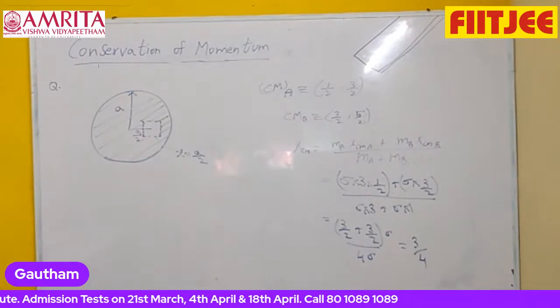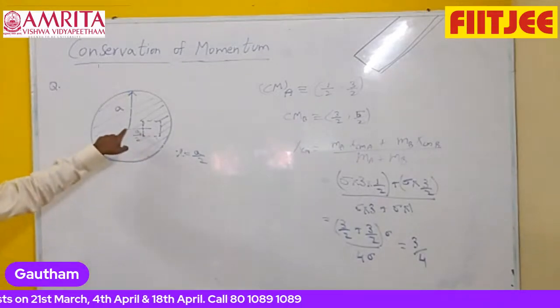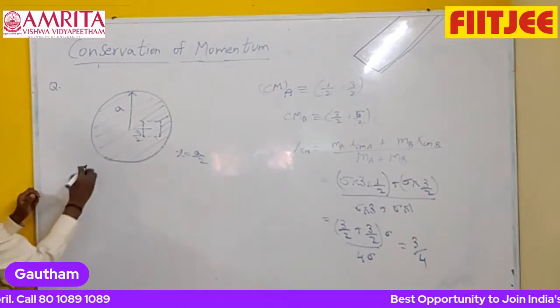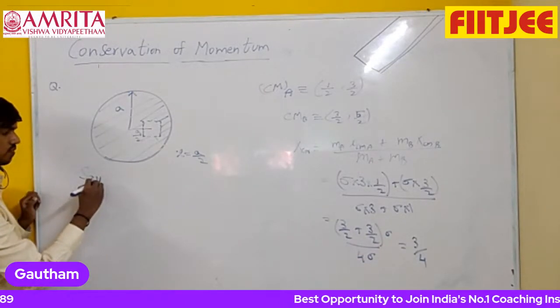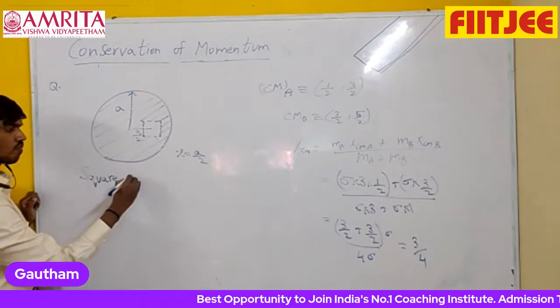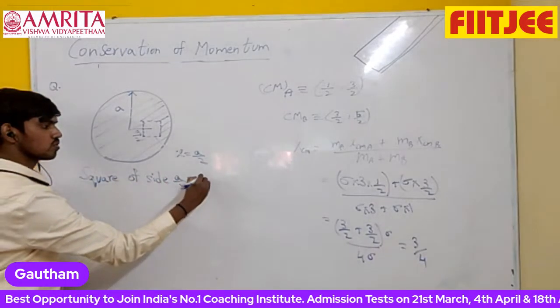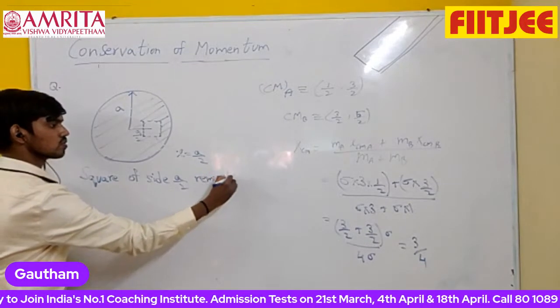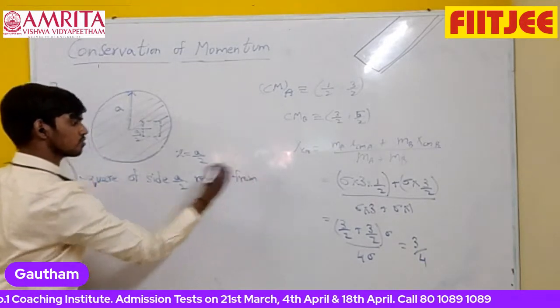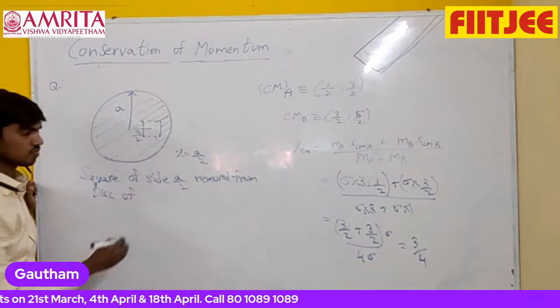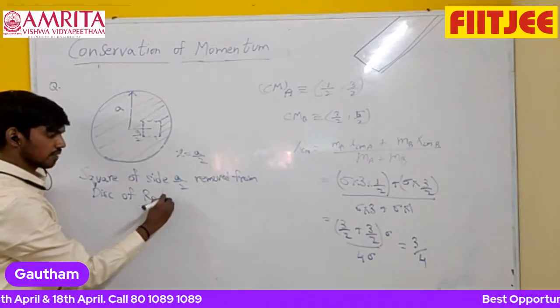So from center of a disk at a distance a by 2, you are removing a square of side a by 2 removed from disk of radius a.